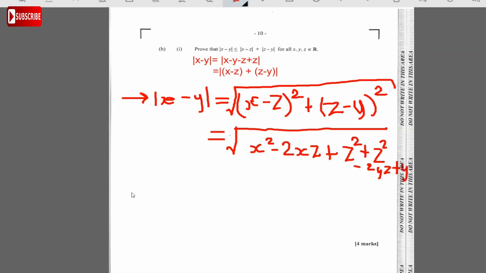All right, so that is the modulus of x minus y. We're almost finished, don't worry.